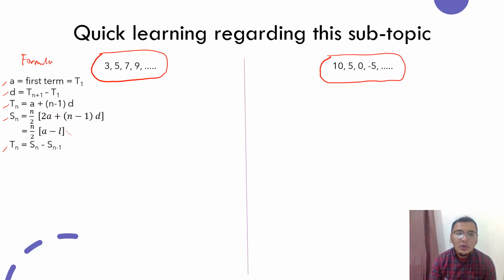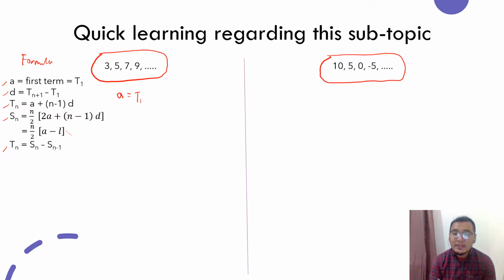So what is the meaning of a? a means first term. Remember that. What is the first term? a, or we can also say T1. The first term is the first number in the sequence. For the first sequence, what is the first number?